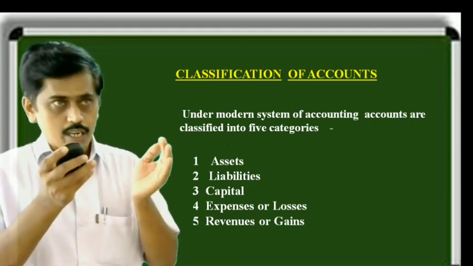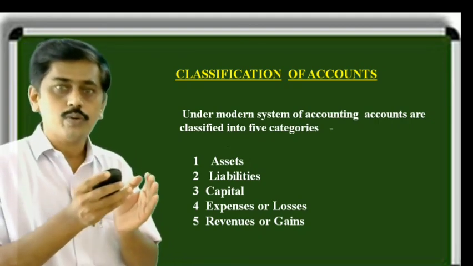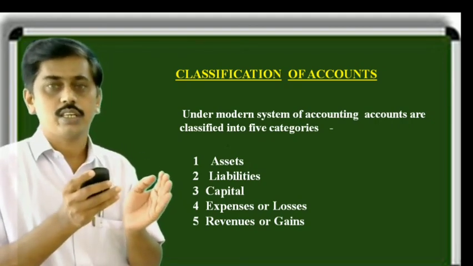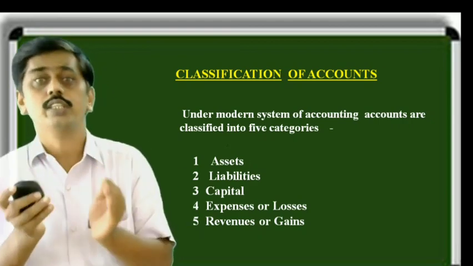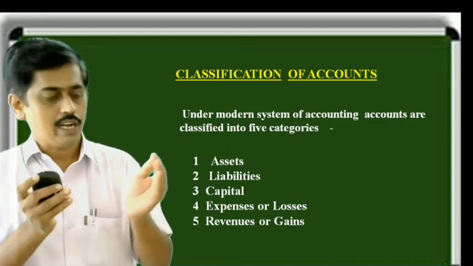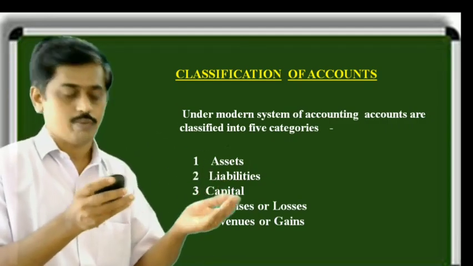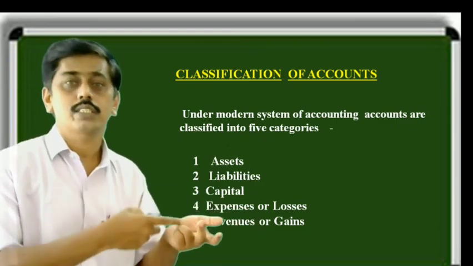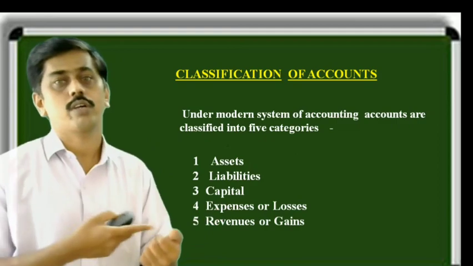When a transaction is given, we should be able to analyze it, identify the accounts involved, and then categorize that account, whether it is an asset account, liabilities account, capital account, expenses account, or revenues account.